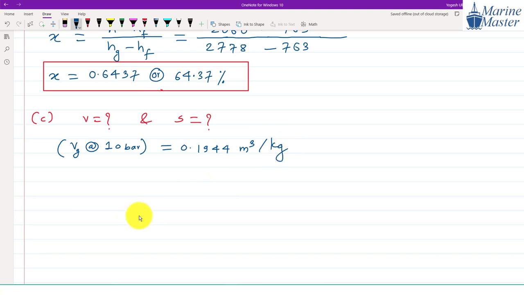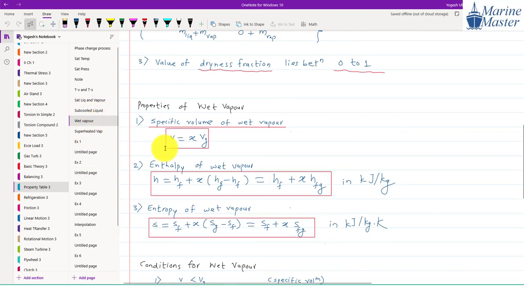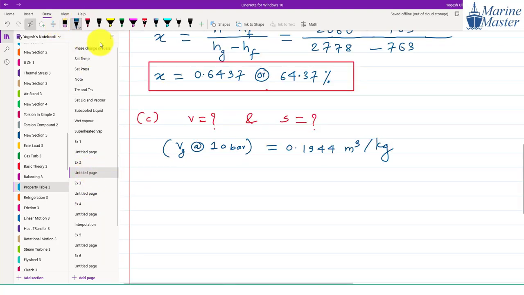If you remember our discussion, for the specific volume of wet vapor, what relation will we use? X into Vg. So the specific volume relation will be v is equal to X into Vg. Don't get confused: I am writing X like this, and this is the multiplication symbol.